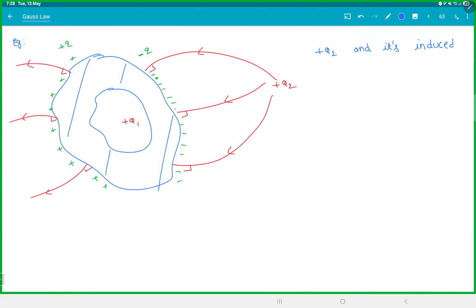So this is the important thing. Charges inside the cavity will not interact with outside charges. Outside charges will not interact with the inside charges. And its induced charges, which are minus Q and plus Q on the surface, do not interact with charges inside the cavity.